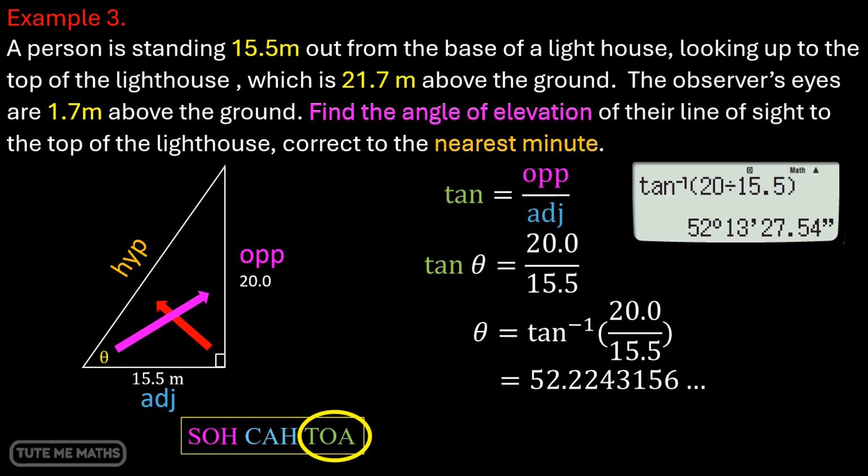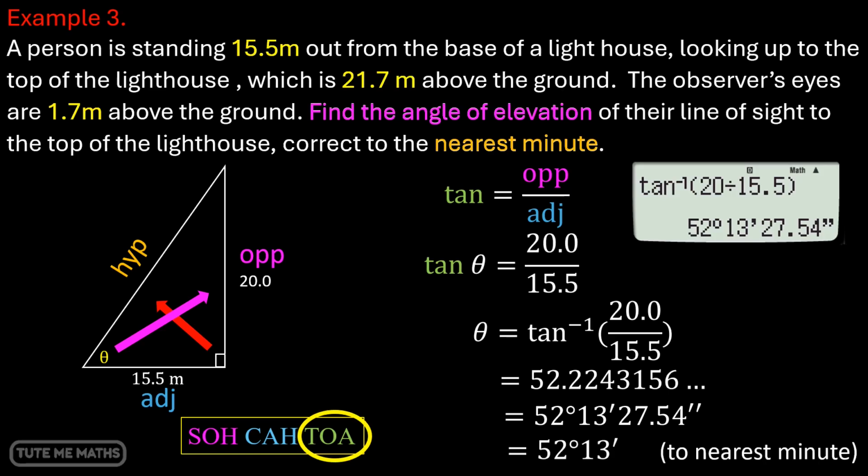We see that theta is 52 degrees, 13 minutes and 27.54 seconds. We have less than 30 seconds, which is less than half a minute, so we round down, not up. The angle of elevation of the observer's line of sight is 52 degrees 13 minutes to the nearest minute.